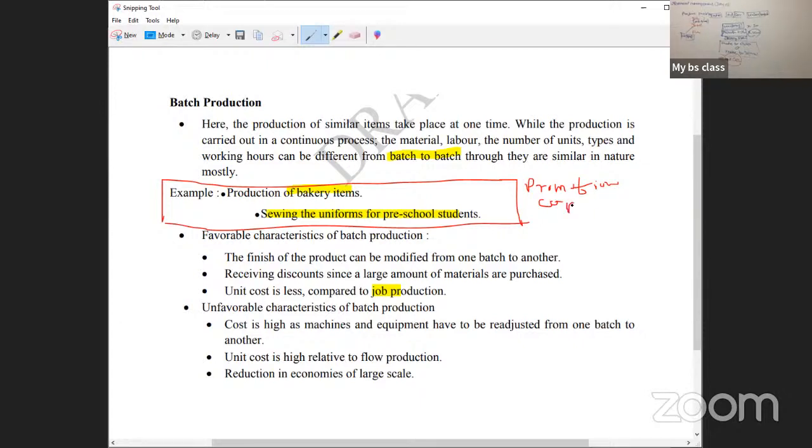And so promotional caps, t-shirts, some limited edition products. මේ වගේ product එකකින් හරිම පොඩි quantity එකක් තමයි ඒගොල්ලෝ හදන්නේ. So then that is batch production.